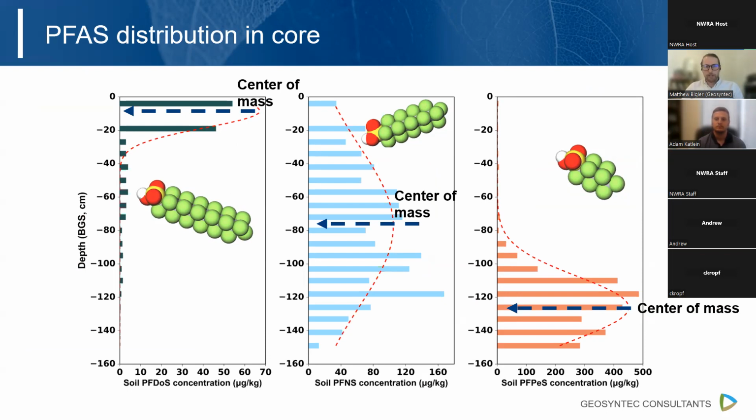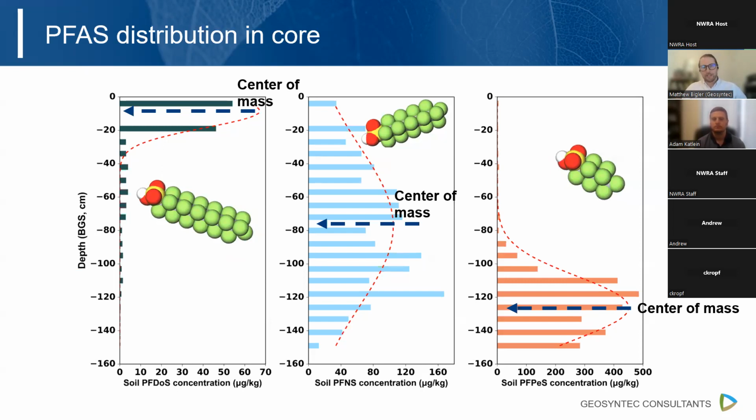So it's moved, but not nearly as much as this PFPeS, which again likely represents more of the advective domain of this PFAS mixture, or the advective domain of our soil system. That one has been transported significantly further down the soil core compared to these other two.